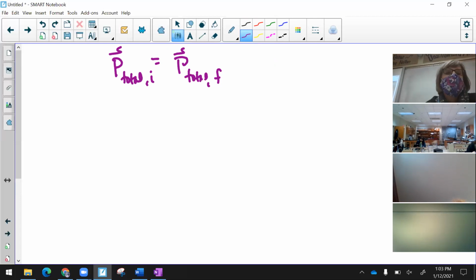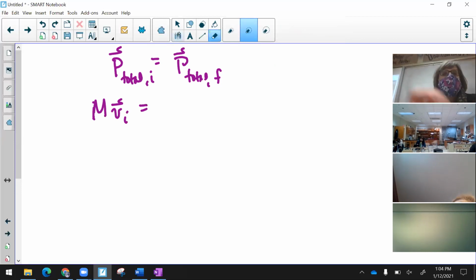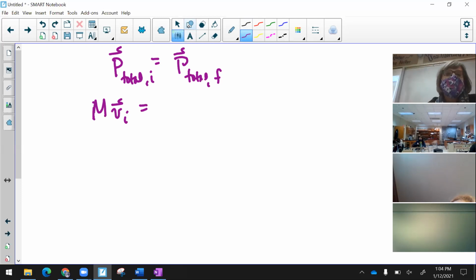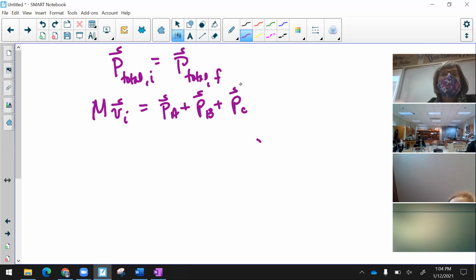Initially, I've just got my total mass times some initial velocity. But afterwards, I have the momentum of each of my particles.